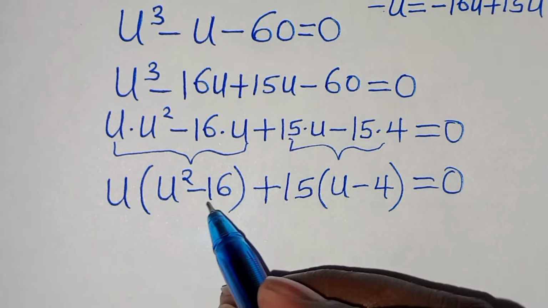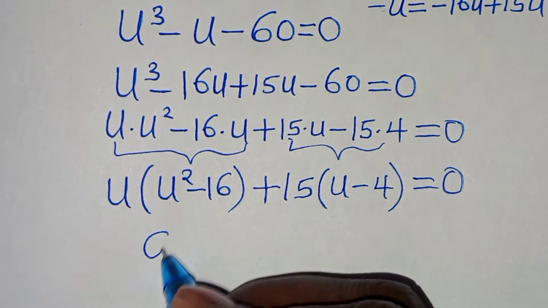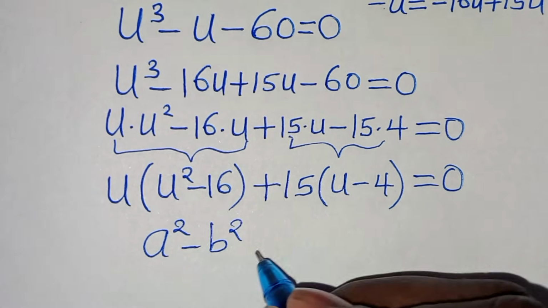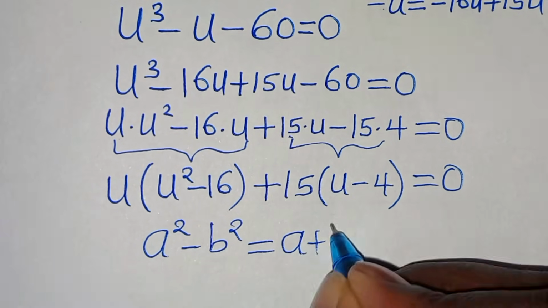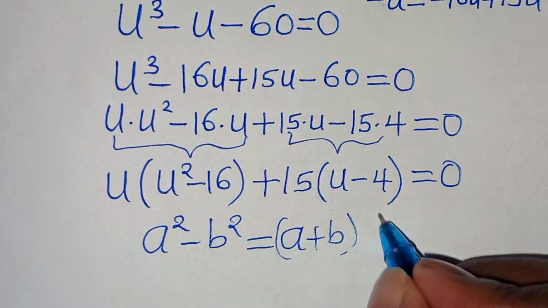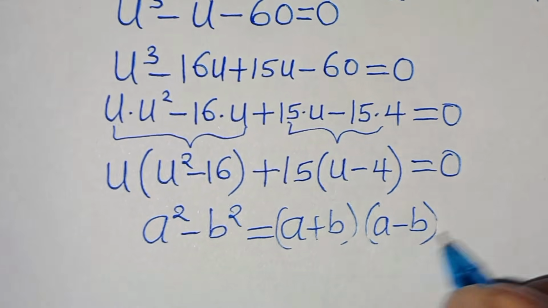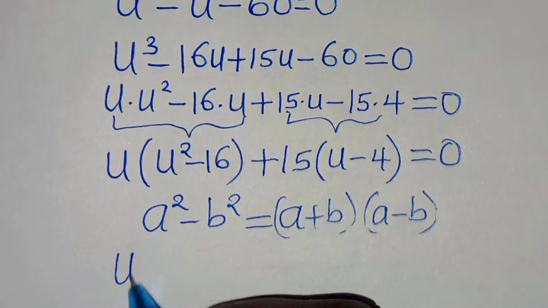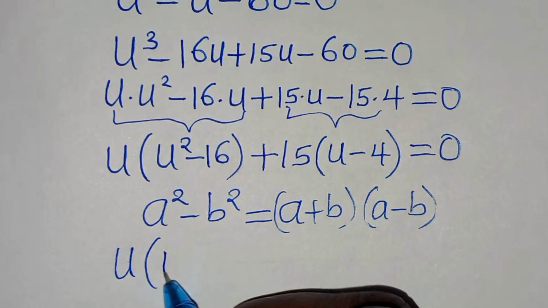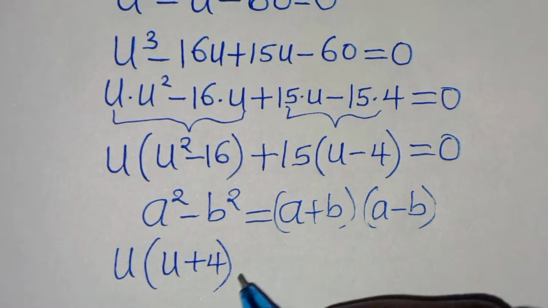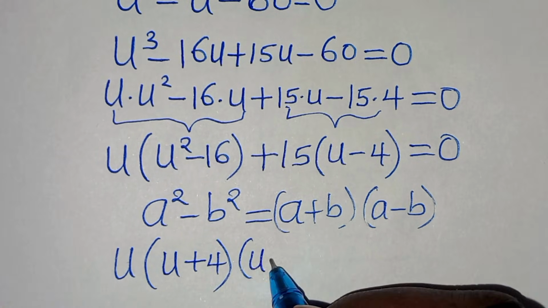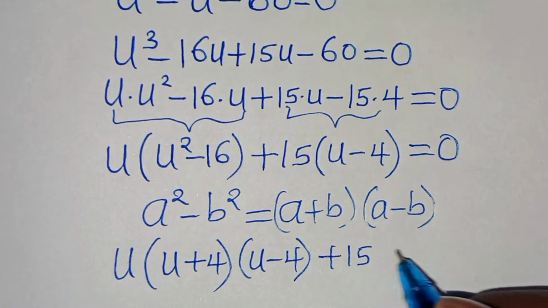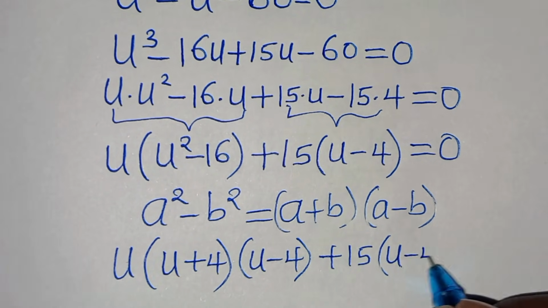Now we have u squared minus 16. This is the difference of two perfect squares expressed as a squared minus b squared, which we can express as a plus b multiplied by a minus b. Now applying this identity, this means we have u into the parentheses, this is u plus 4 multiplied by u minus 4, then plus 15 into the parentheses, this is u minus 4.